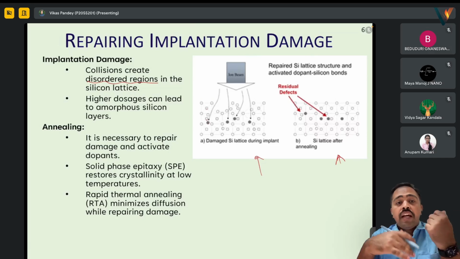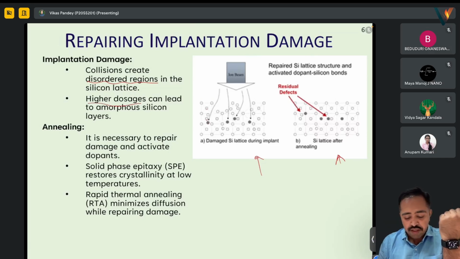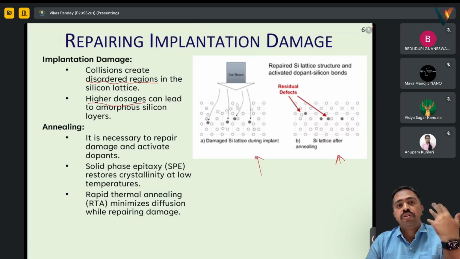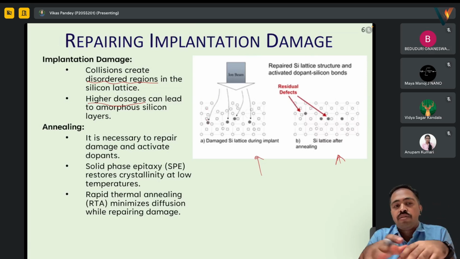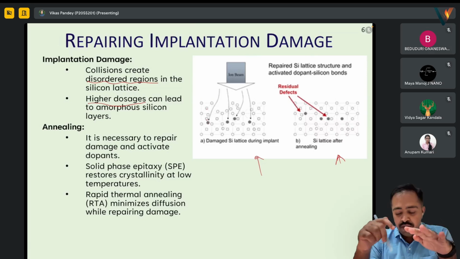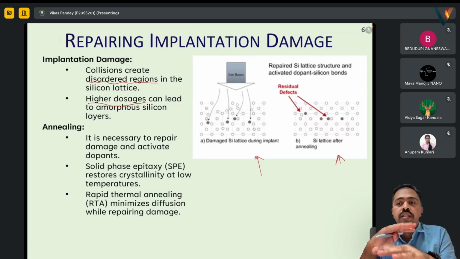As well, if we are going for higher doses, like we are continuously implanting for a longer period of time, that can even create an amorphous silicon layer on the top. All the crystals get disoriented, and this needs to be repaired since the top layer is the one where all the devices are made. We are doing most of the things on the top of the silicon.